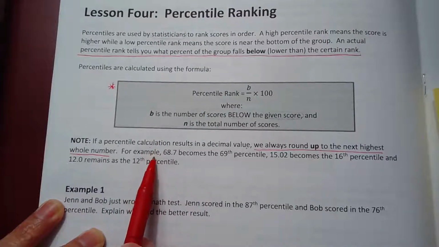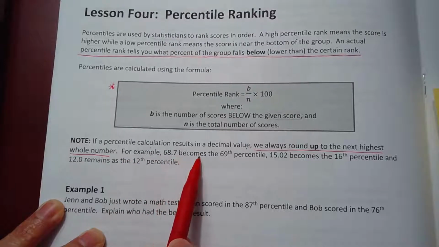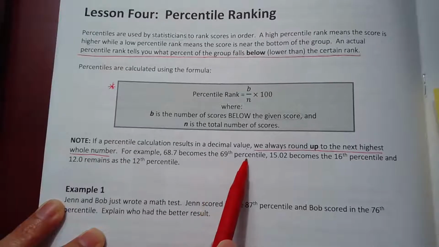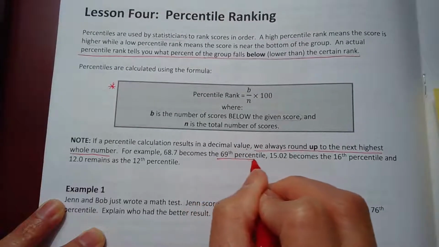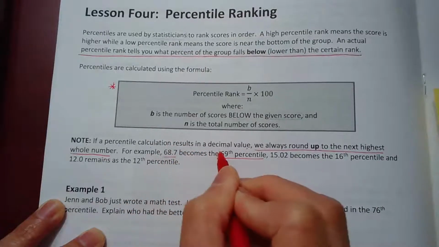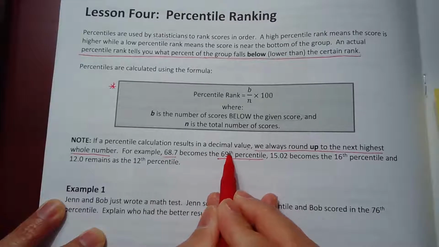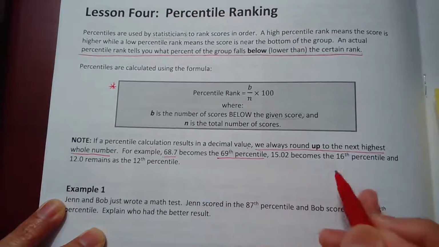For example, 68.7 becomes the 69th percentile. 68.7 will be rounded up to the next whole number, so 69th, and then you put the th percentile.